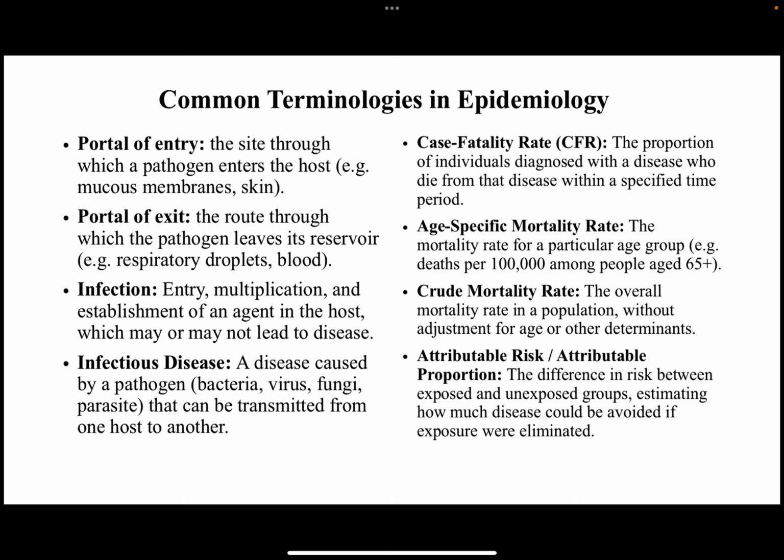Okay, infection. Infection has got to do with the entry and multiplication and establishment of an agent in the host, which may or may not lead to a disease. Now, simply put, when we say an infection, it has got to do with the entry and multiplication of an agent inside the host, with or without symptoms.